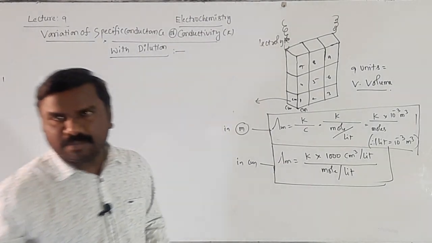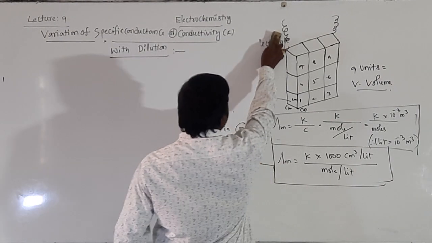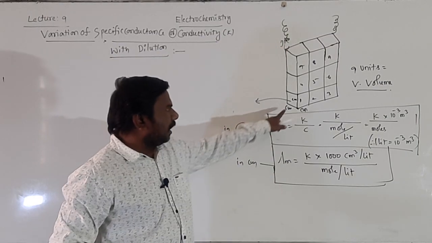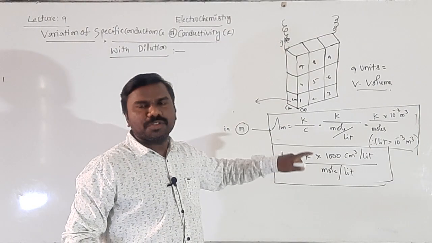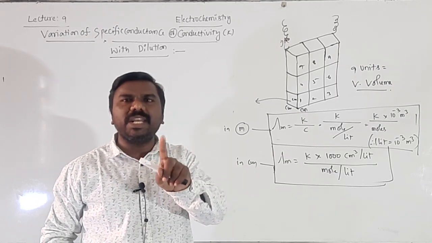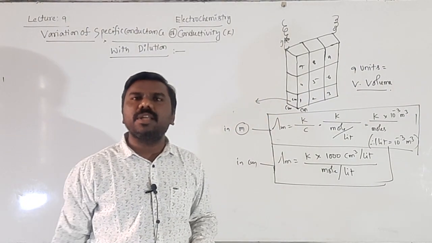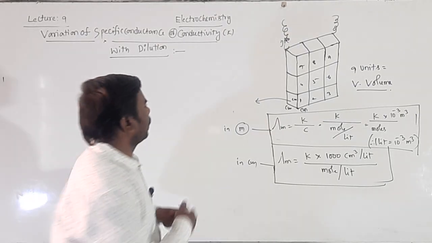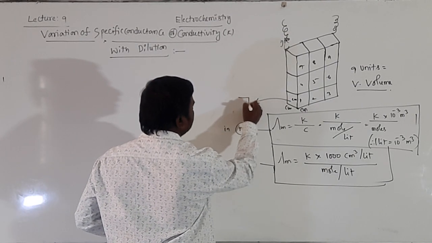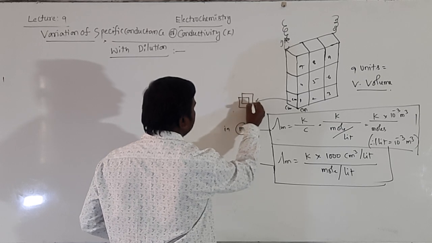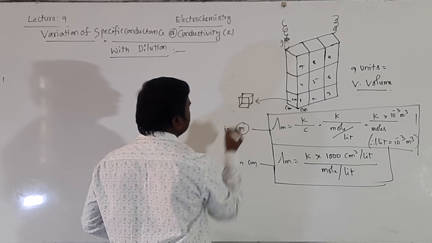Now students, you observe the specific conductance definition I gave you. Conductance of all ions produced in 1 unit. 1 unit means centimeter into centimeter into centimeter, centimeter cube. I just mentioned this box is first unit. It is only 1 unit. Is it right, students?